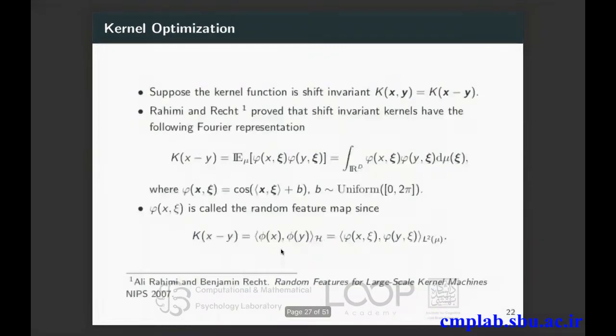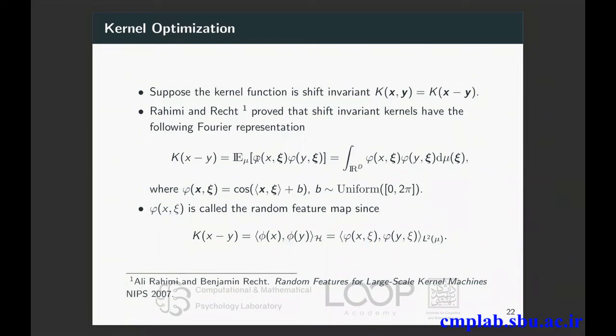There is a very nice result by Rahimi and Recht. This is a classical paper in machine learning, which says that if you have a kernel which is shift invariant, meaning that the kernel evaluated at two points is equal to the kernel evaluated at the subtraction of these two vectors, then you can represent it in terms of an integral.